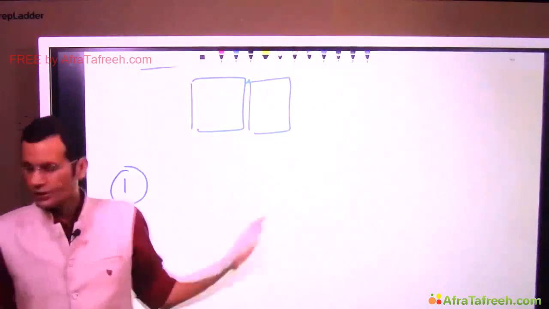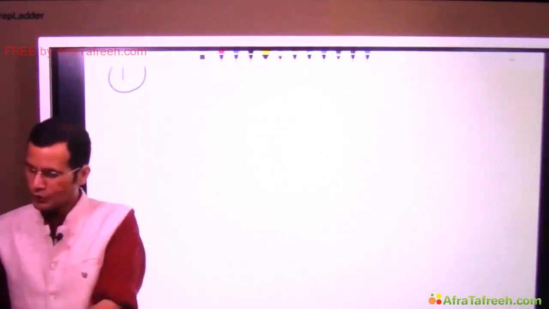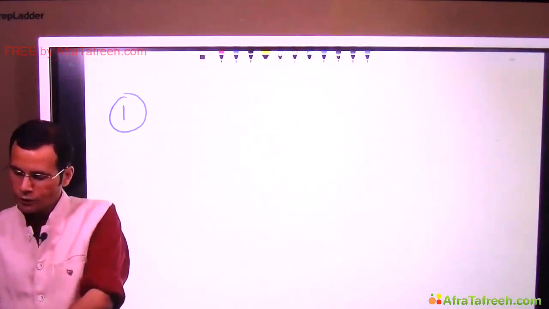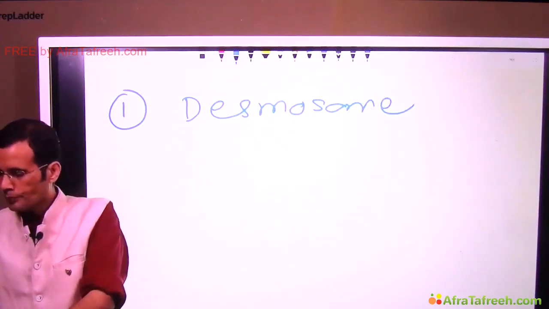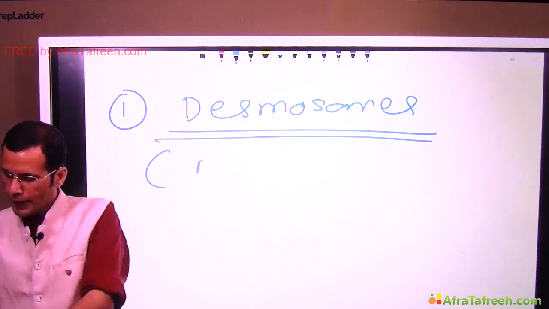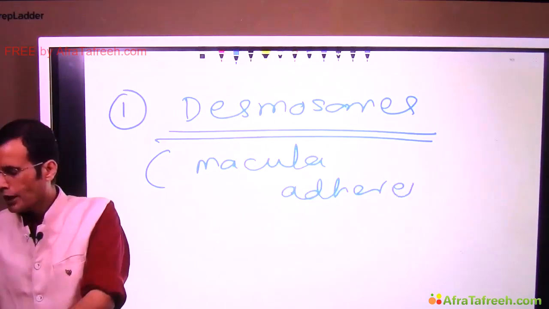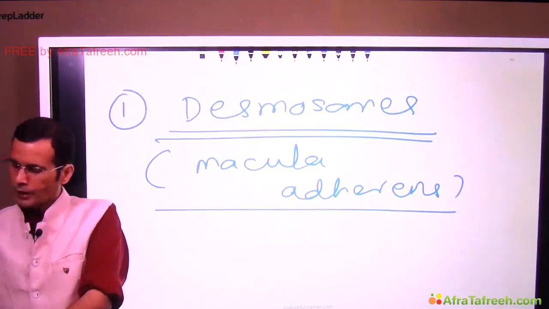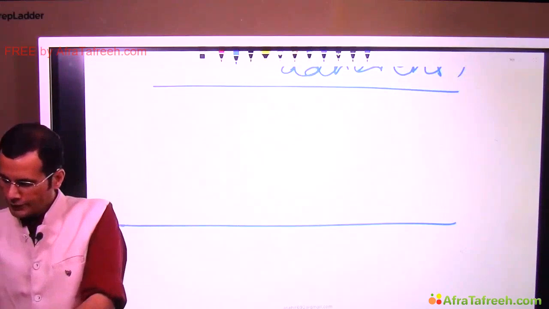Okay, so let's see the junctional complexes and the membrane proteins involved in the formation of junctional complexes. First type of junctional complex is desmosomes. Desmosomes are also called macula adherens. This is seen like this.